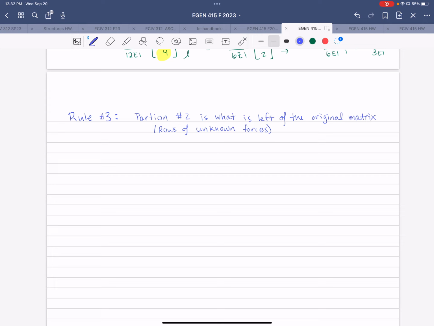So that's going to be EI over L cubed times 6, negative 6, second column also 6, negative 6. And then that's going to be multiplied by theta 1L and theta 2L, set that equal to F1 and F2.